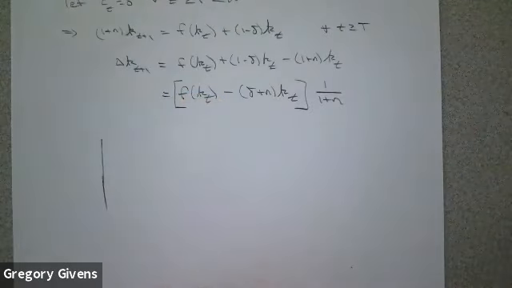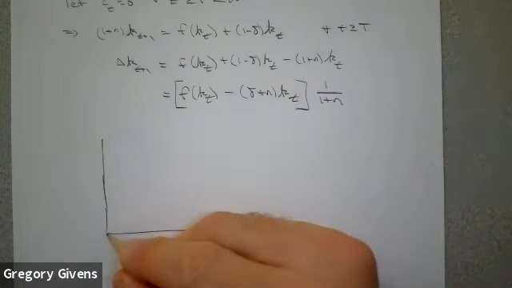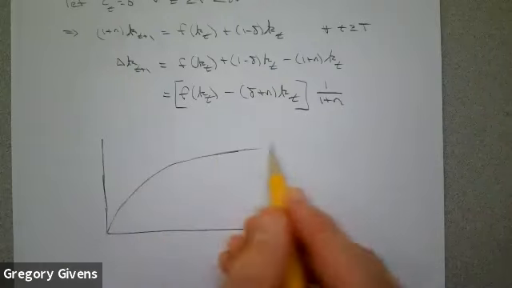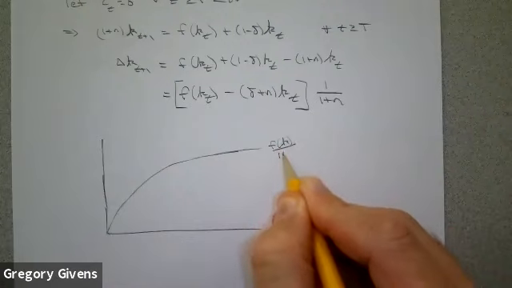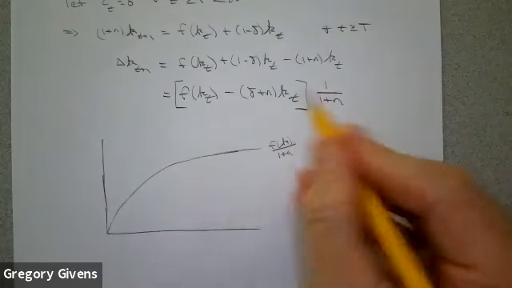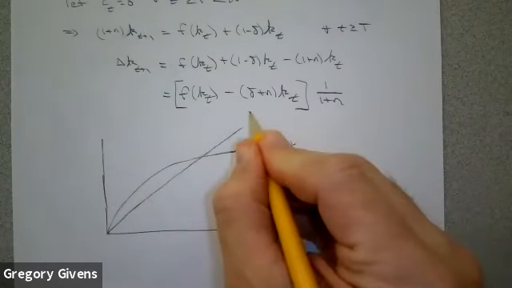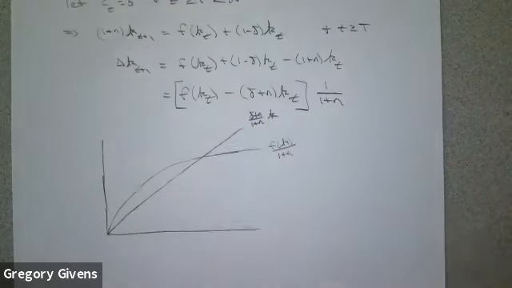If I were to sketch this graph real quick, where I've got, let's say, this here is f of k divided by 1 plus n. This here is (delta plus n) over (1 plus n) times k.